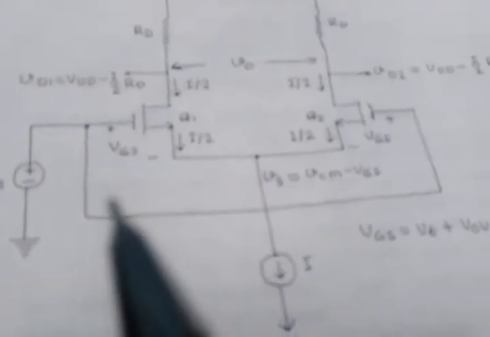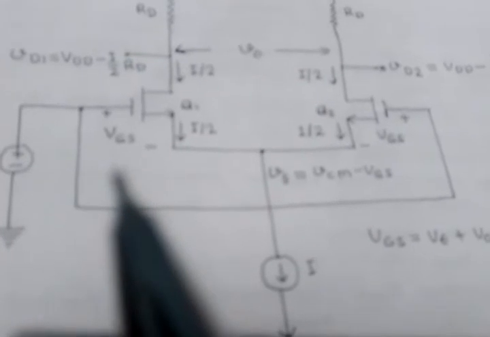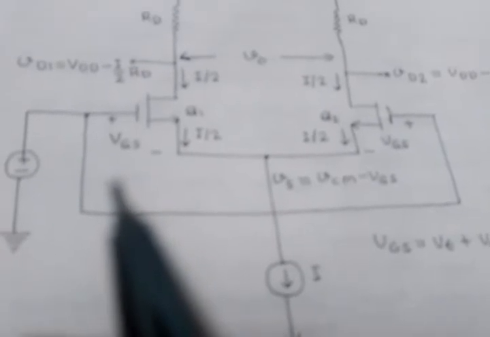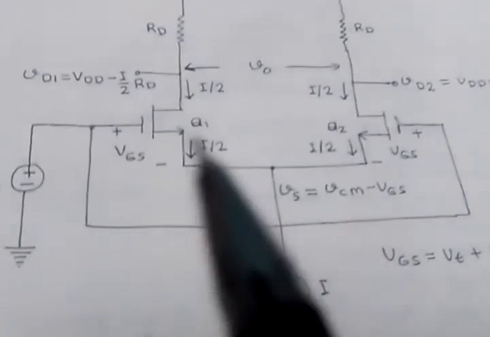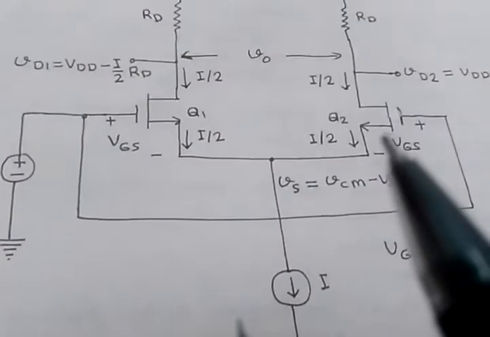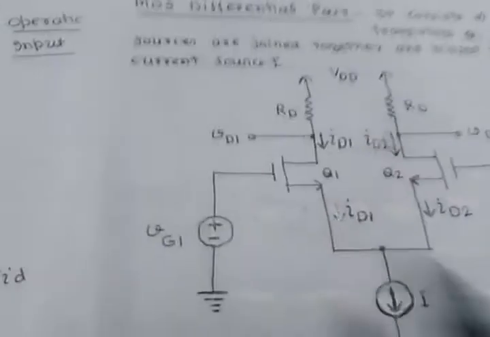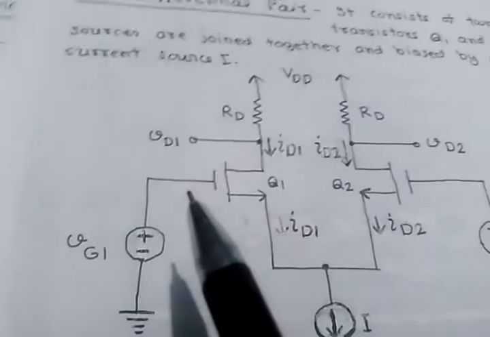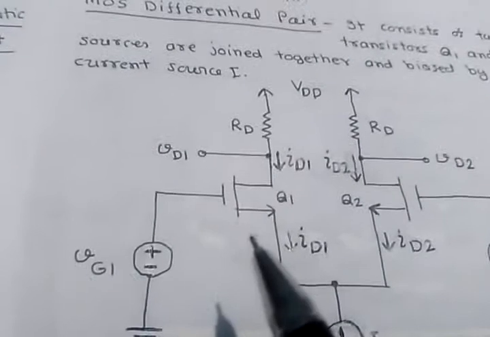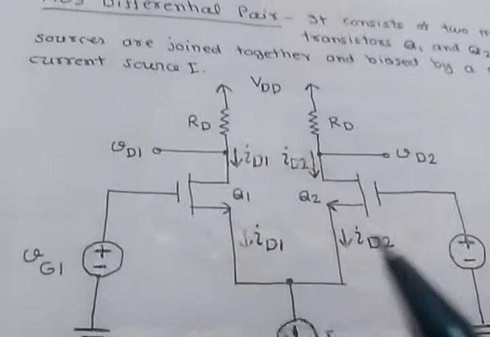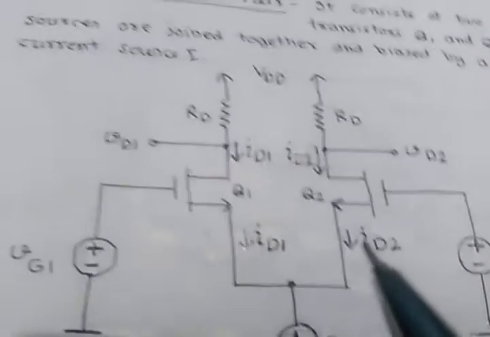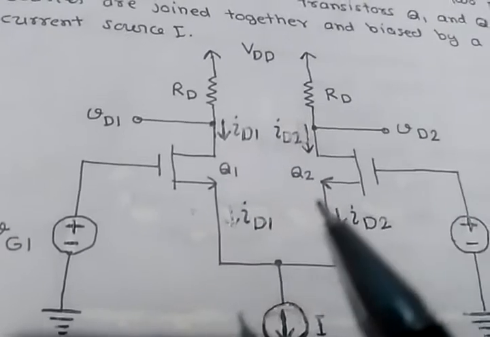Now, if we apply different voltage, different input at the gate of Q1 and Q2, if inputs will be different, then gate to source voltage of Q1 will be different from the gate to source voltage of Q2.